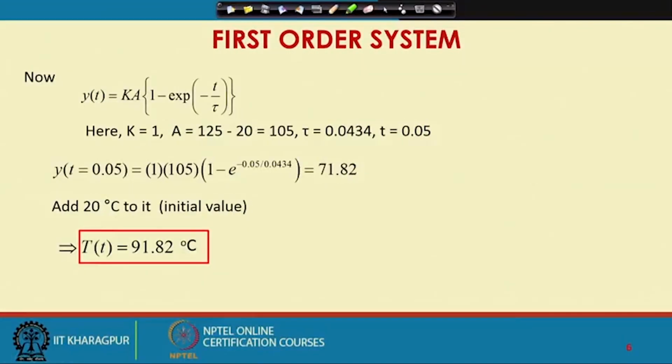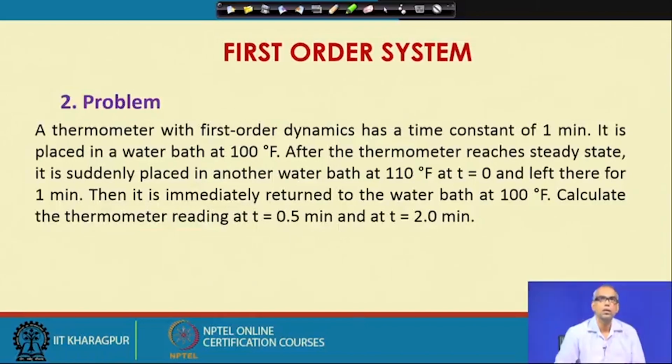So, now let us take another example. Again it is an example of first order instrument, a thermometer. A thermometer with first order dynamics has a time constant of 1 minute. It is placed in a water bath at 100 degree Fahrenheit.